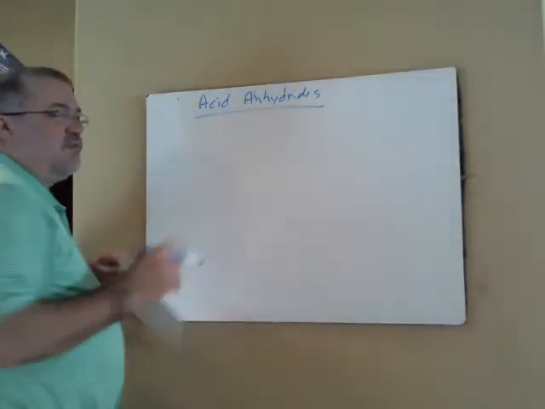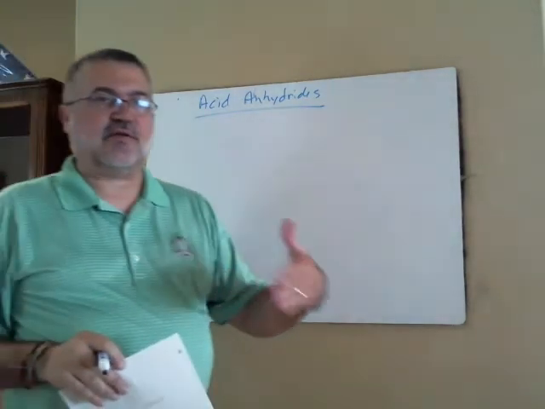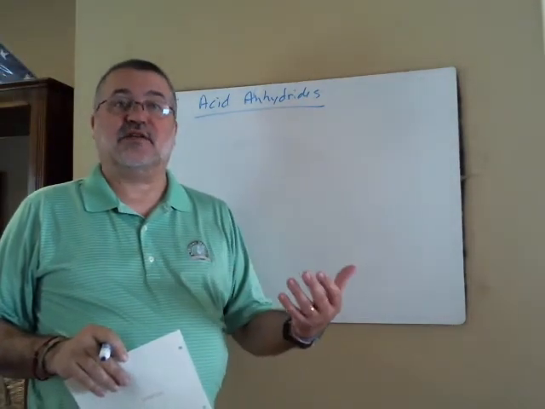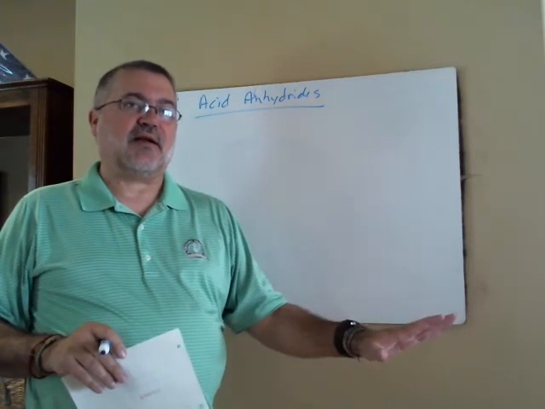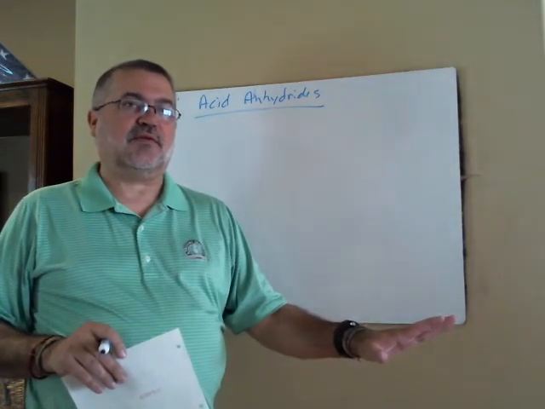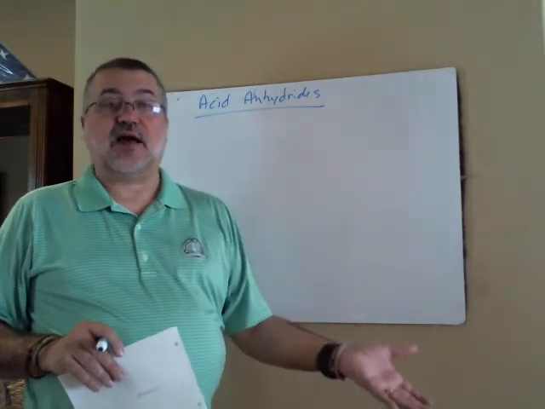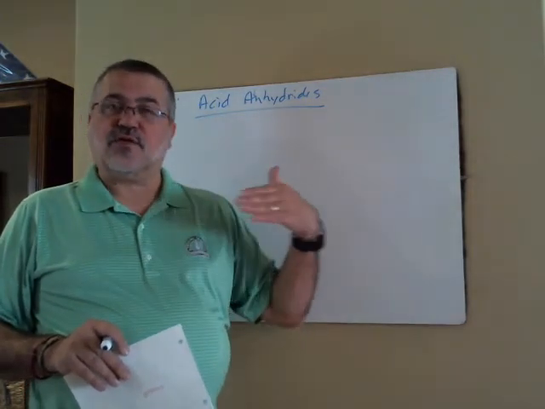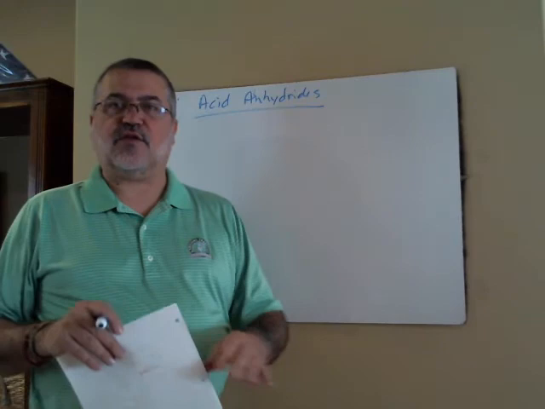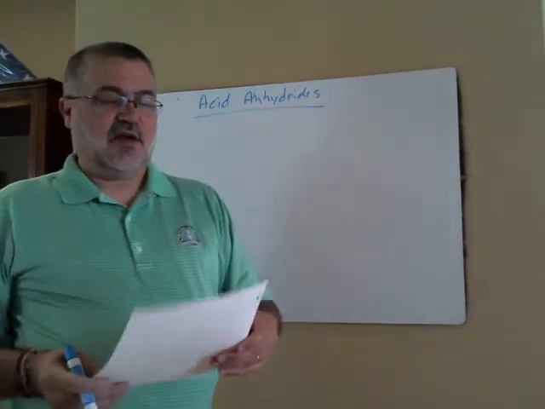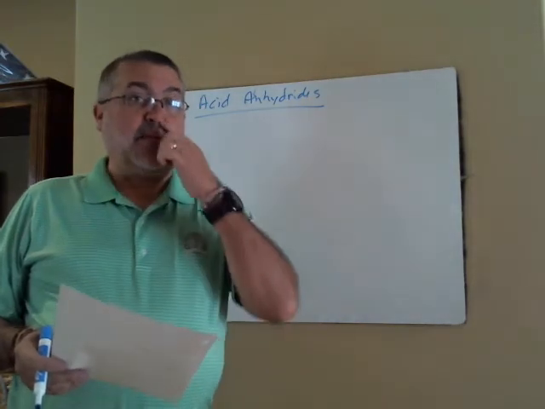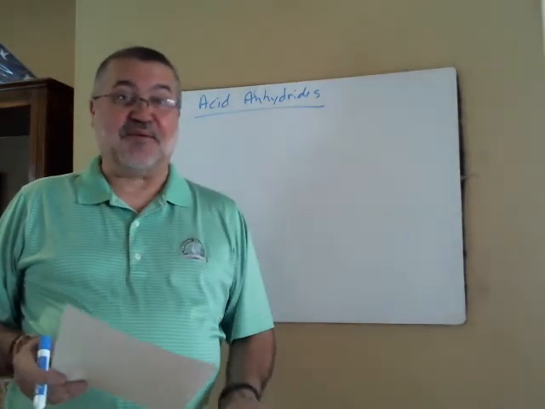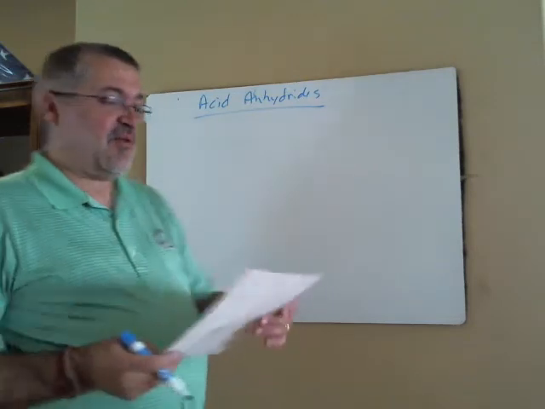Now, if you notice, what we're doing is we're trying to stick to the same order of reactivity that we talked about, where we said acid chlorides were the most reactive of the carboxylic acid derivatives, right? And then followed by acid anhydrides. So now we're transitioning to acid anhydrides. But in that transition, we're also, as you're going to see, still talking about acid chloride reactions, because you just can't separate these things.